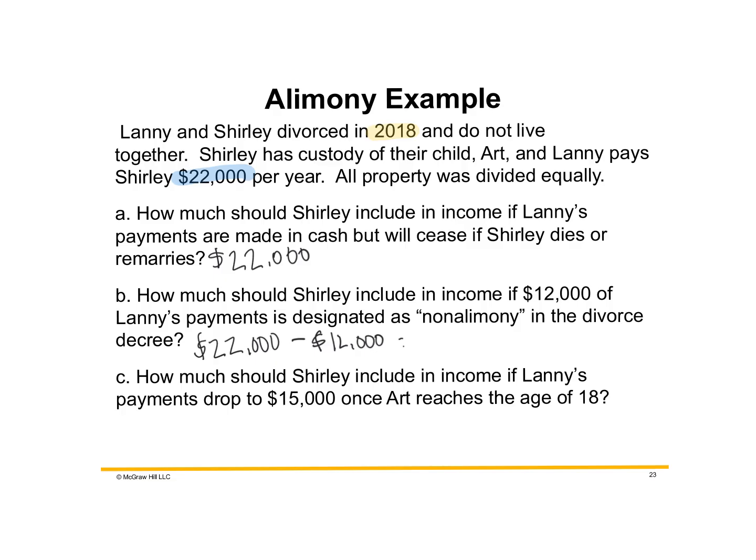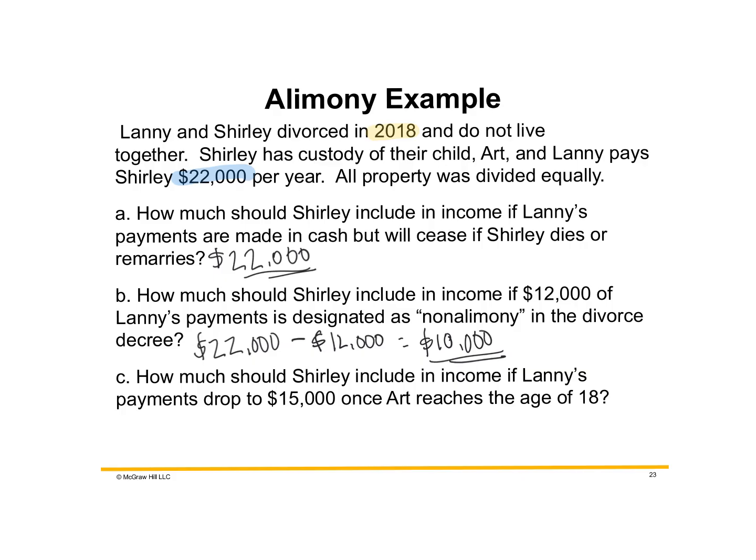So then that leaves us with $10,000 that would be includable in Shirley's gross income as alimony. Here, I'll underline this answer too.